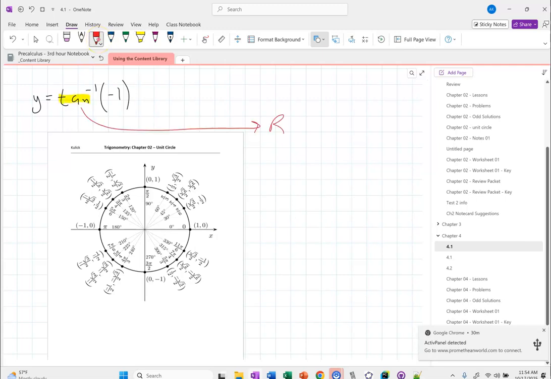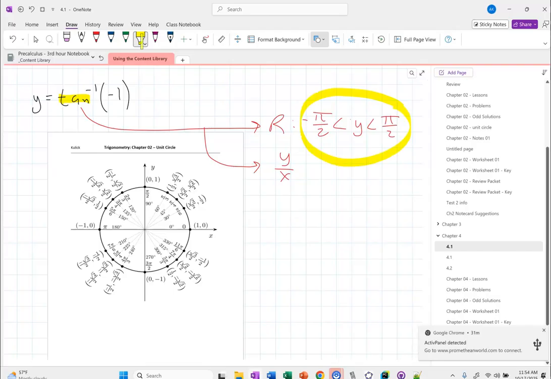Tangent. The range for tangent is... And on the unit circle, what is tangent? Ready? So far so good? Let's figure out where we're looking for.